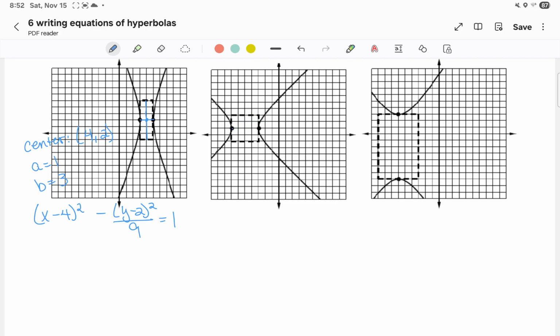So then we have our center of our next equation, and it looks like it is -5, 1, and it looks like our A and B are both going to be 2. So this is also horizontal, so we're going to have x plus 5 squared over 4 minus y minus 1 squared over 4.